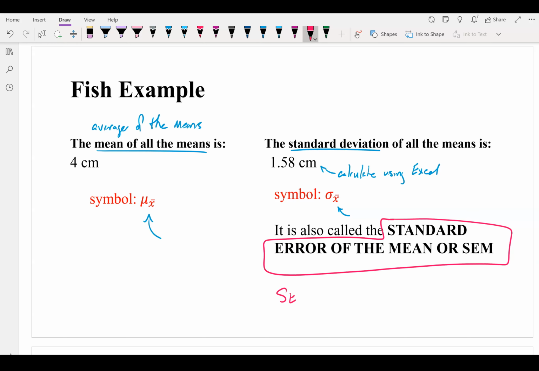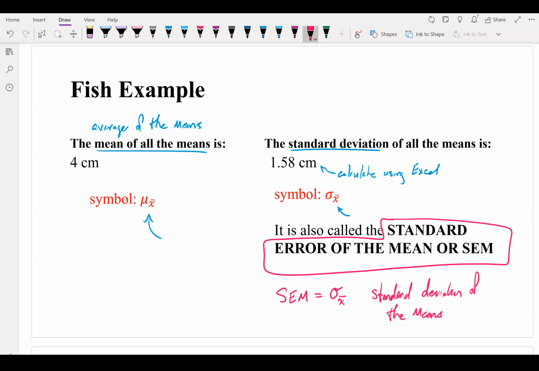So the standard error of the means is sigma with an x bar on the bottom, okay? It's the standard deviation of the means. It's how much the means are spread out.